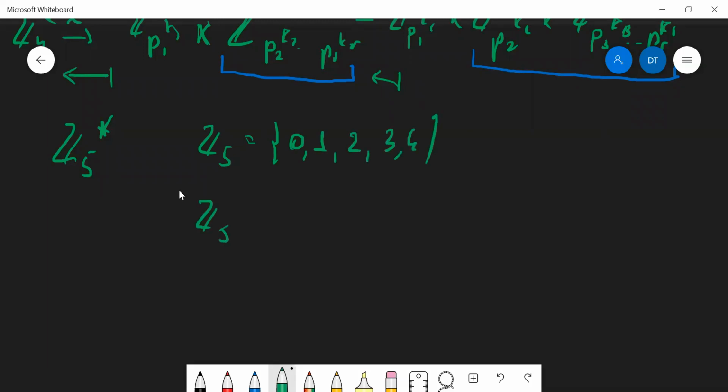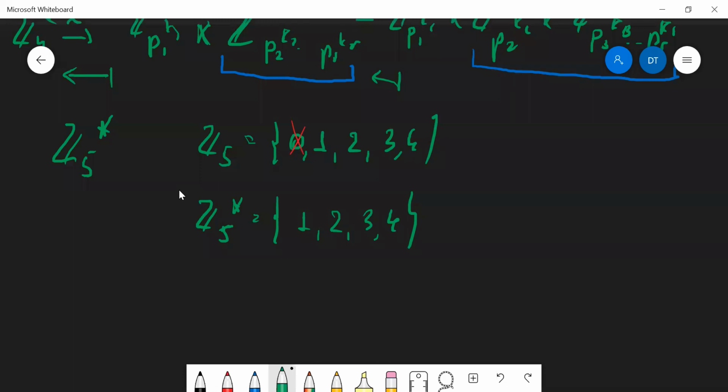So Z5 star consists of all the elements coprime with 5, and here we just need to exclude the first element, which is 0, and all other elements are coprime with 5. So let's try to find all the generators of this group.